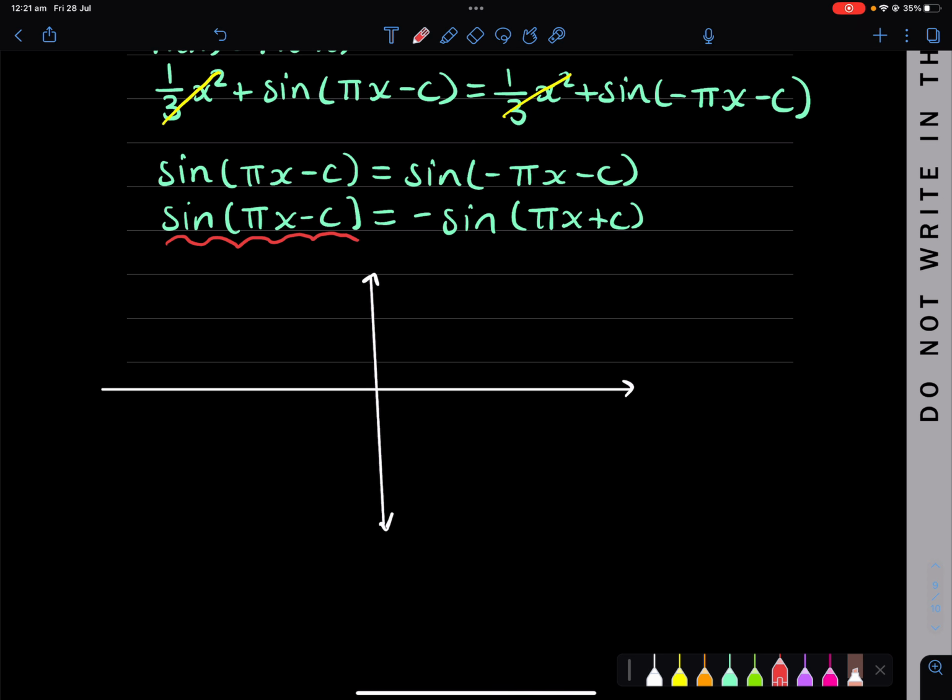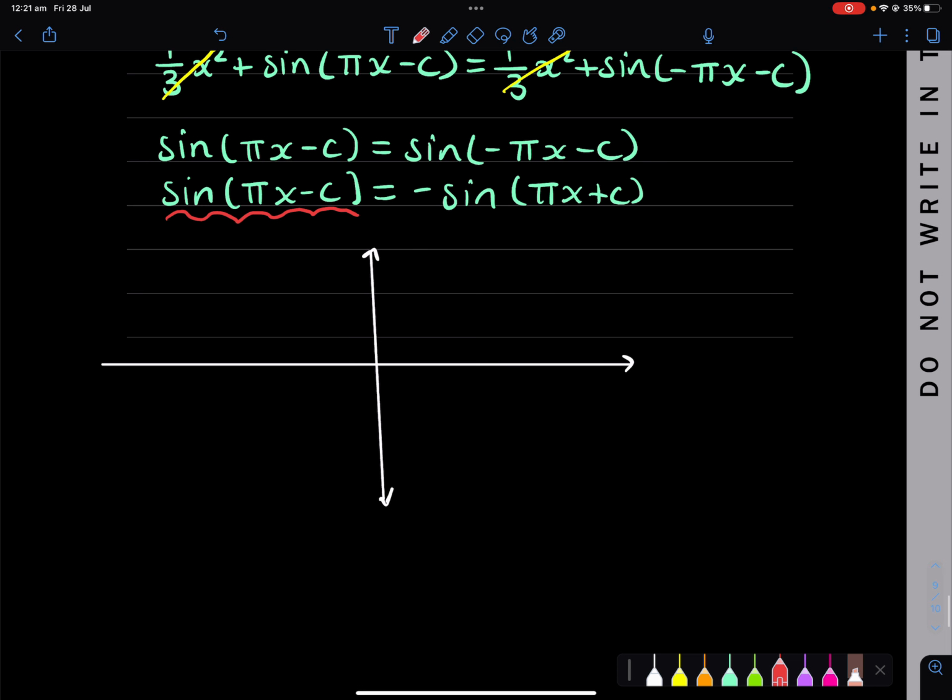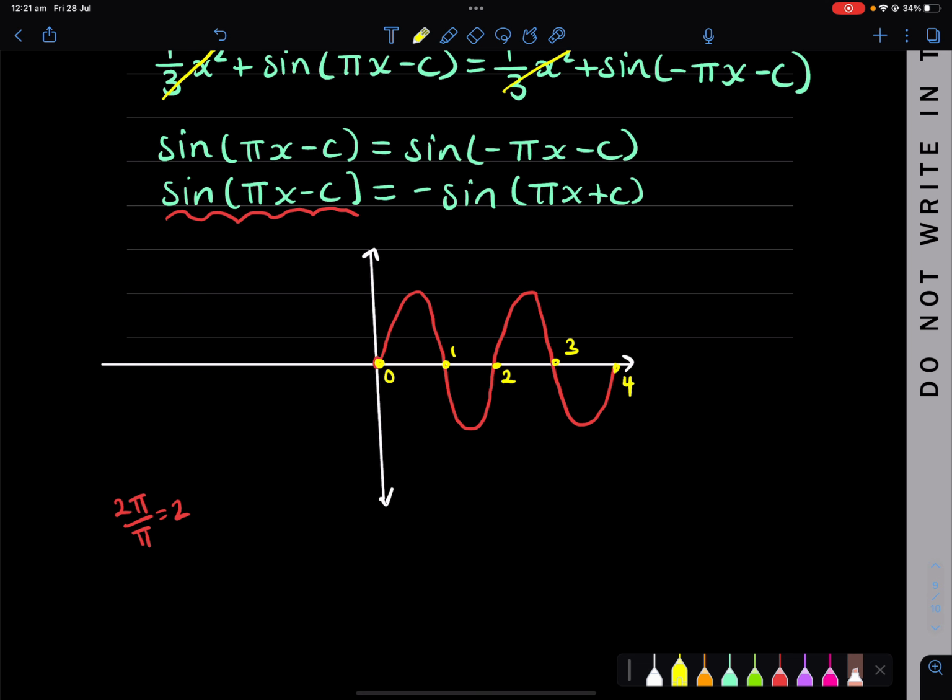First, let c equal 0, and let's find the period. So 2 pi over pi is just equal to 2. This one is positive, so it's going to go 1, 2. I'm just going to do 2 rotations, like that. This value here is 0, this is 1, this is 2, 3, and 4. That's the graph when c equals 0.